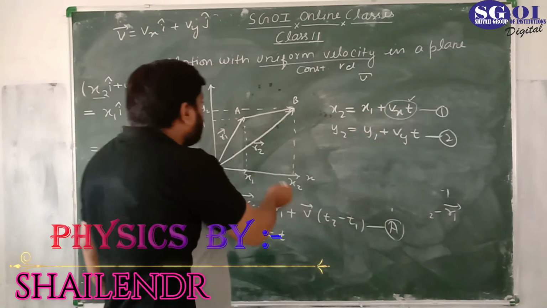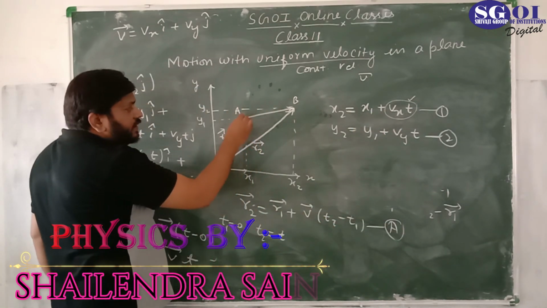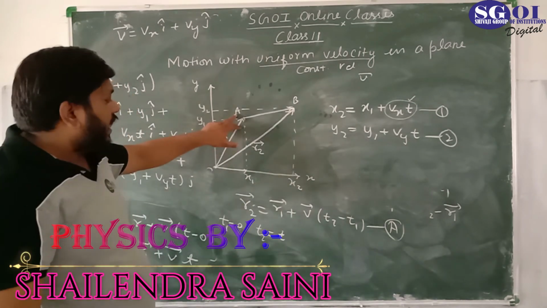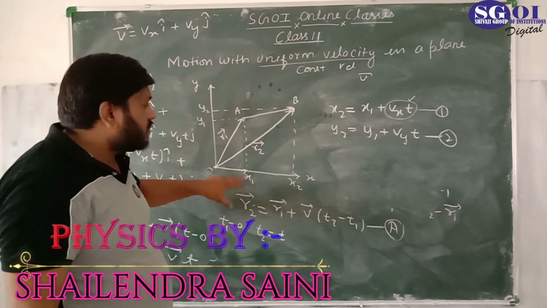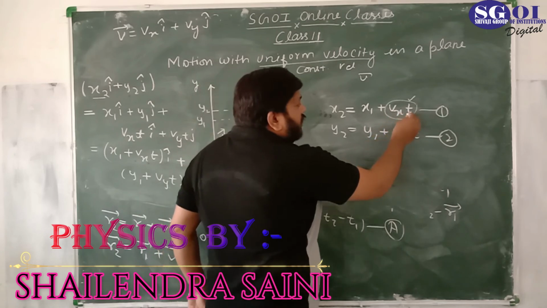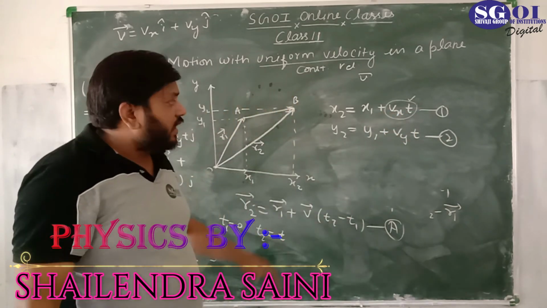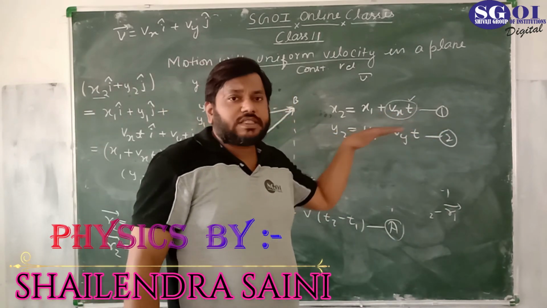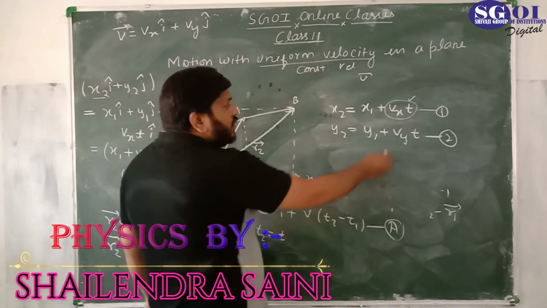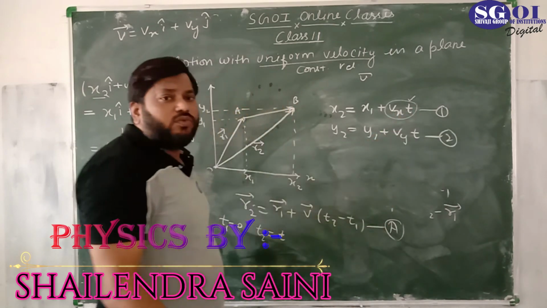This is the initial position, when the object is at position A, the x coordinate is x1. So after time t it goes vxt in the horizontal, in the positive x axis, which is similar to one dimensional motion.